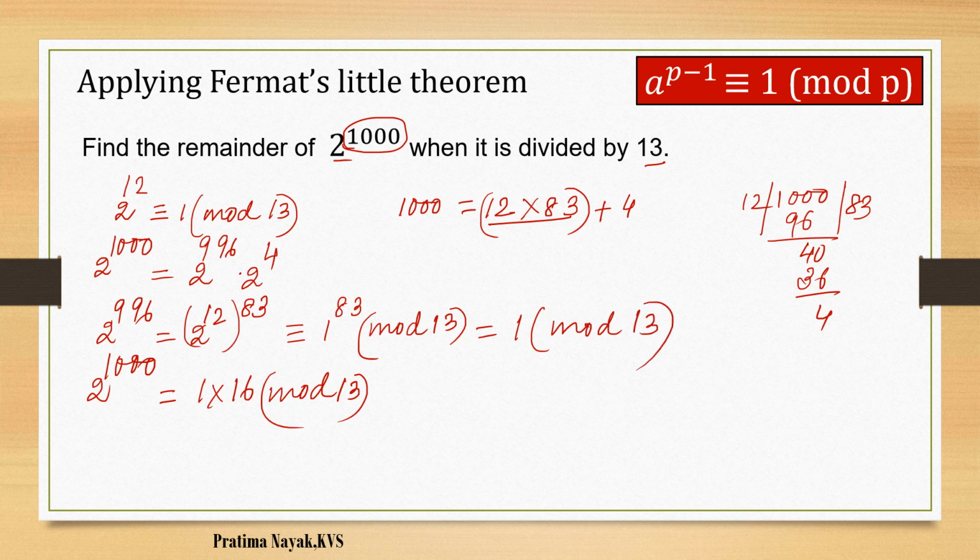Now 16 modulo 13 means when you divide 16 by 13, we get remainder 3. So here the answer is 3. So the remainder is 3.